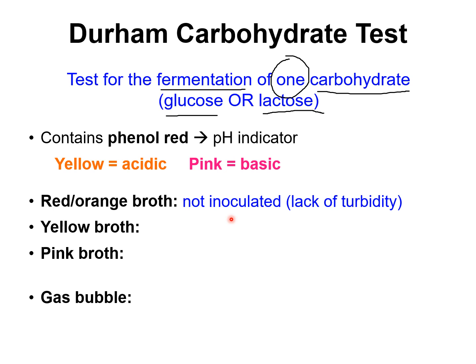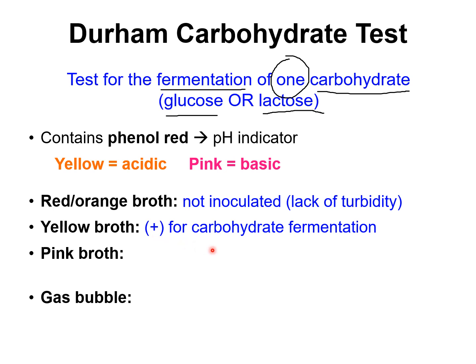If you're not sure whether this tube is inoculated or not, how can you tell? Well, look at the turbidity. If it's lacking turbidity, then of course it's not inoculated. Now, if the broth is yellow, that would mean it's positive. That means that your bacteria is positive.